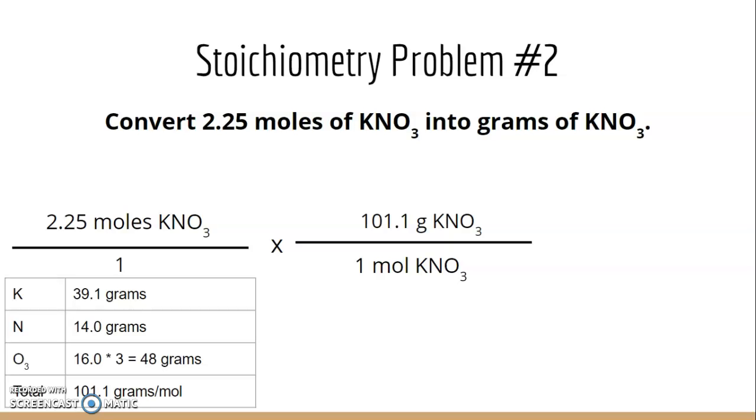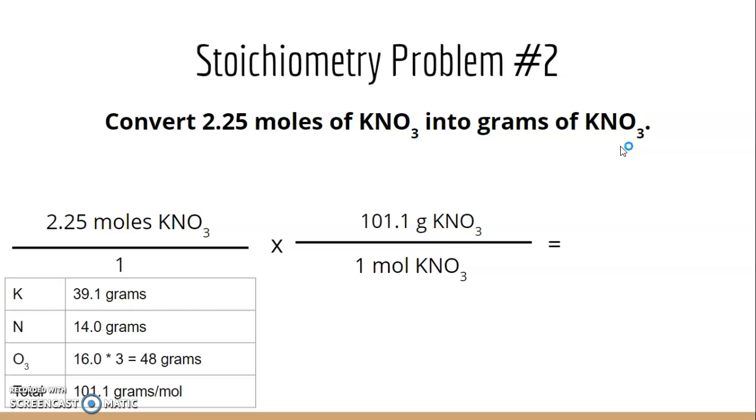And now, we know that we have finished all of our setting up portion of this problem because our units cancel out. Our moles of KNO3 are going to cancel out with this mole of KNO3, and we are left with grams of KNO3, and that is what we want. That is what our question is asking for.